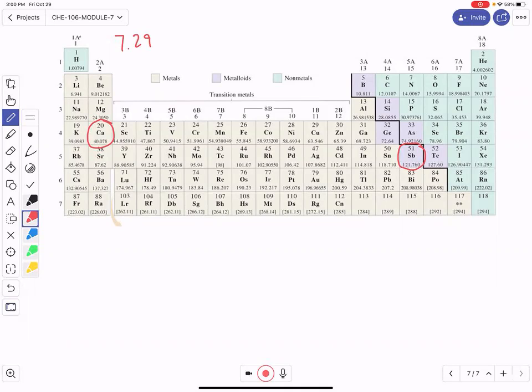And so for that, we want to think about basically how many electrons is calcium capable of losing, and how many electrons does antimony need to gain to become a noble gas.